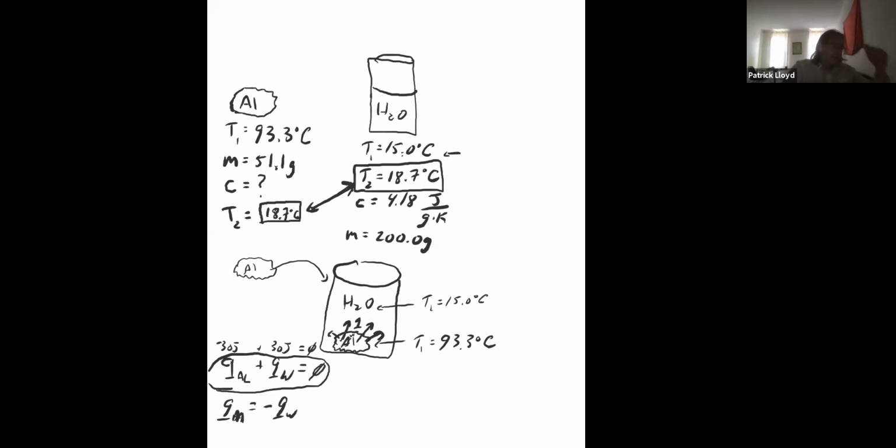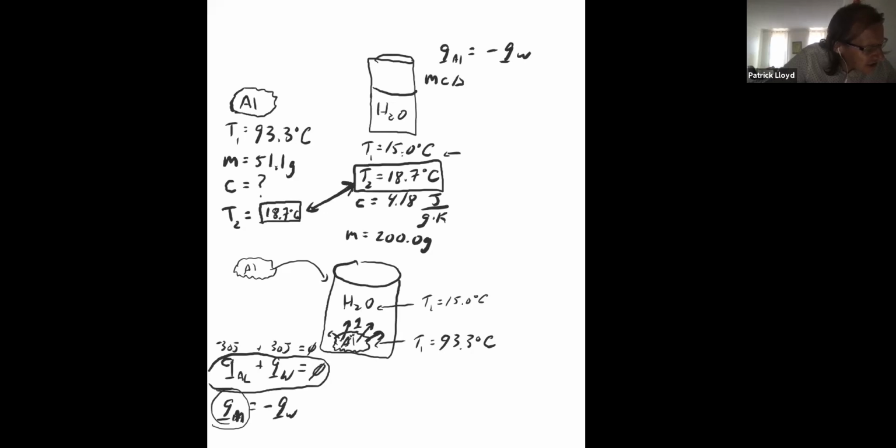So why did I write it this second way? Because we want to know something about the aluminum. We don't want to know Q, but we do want to know C. So I'm going to go through a little derivation for you here. Q aluminum equals minus Q water.